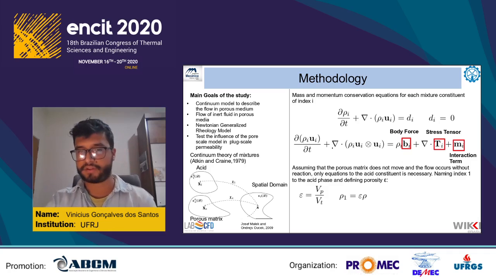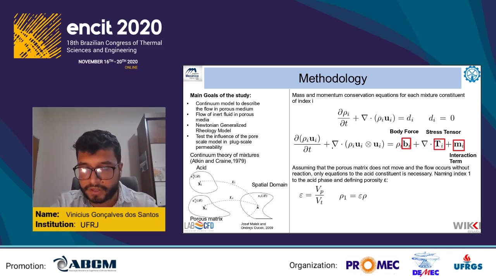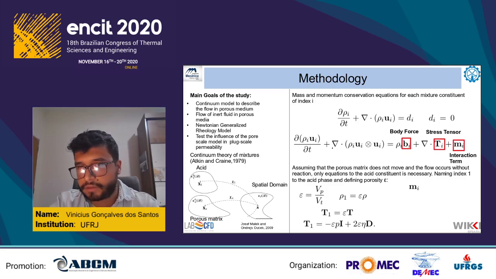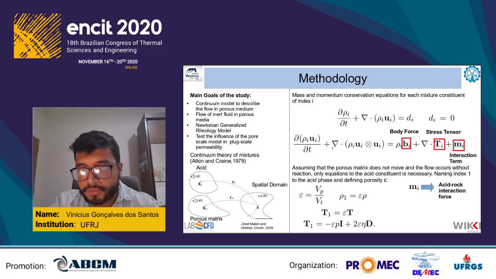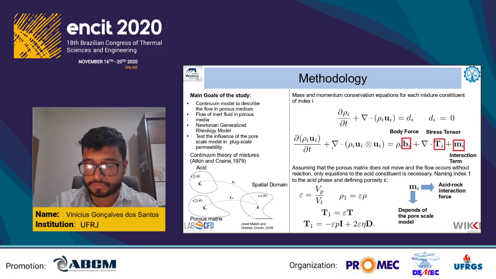With the porosity, we can find the density for the acid phase and the stress tensor for the acid phase. Here we can note the importance of the interaction term. The interaction term accounts for the acid-rock interaction when the acid flows within the porous matrix. It depends strongly on the pore scale model and how to model this.